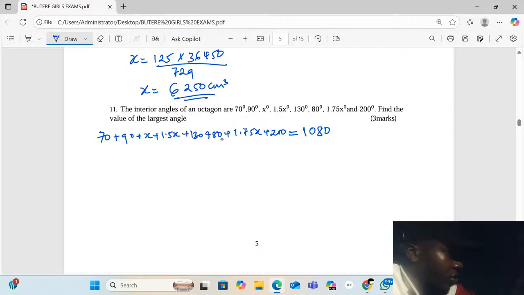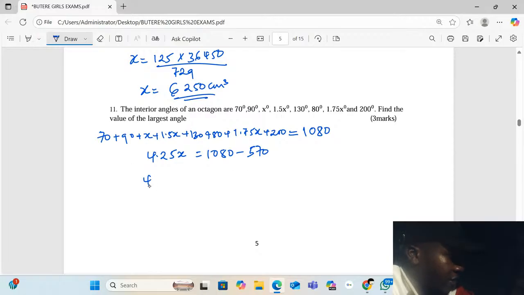So when you add, we collect like terms for the values of x, we have 4.25x equal to 1080 minus 570.